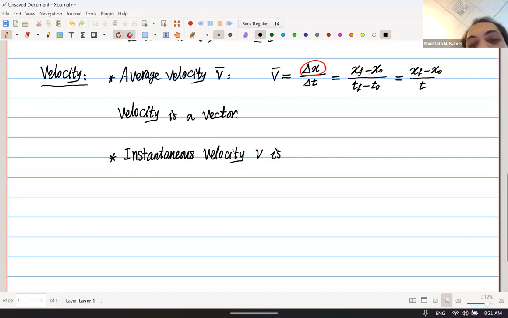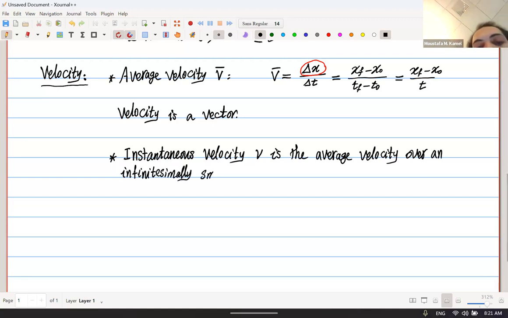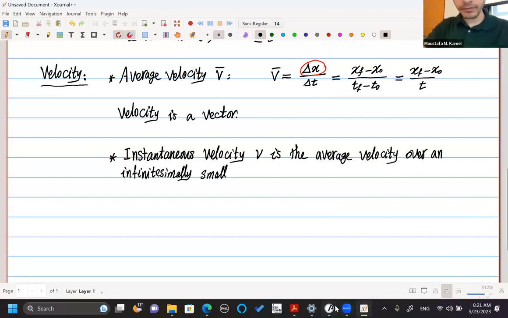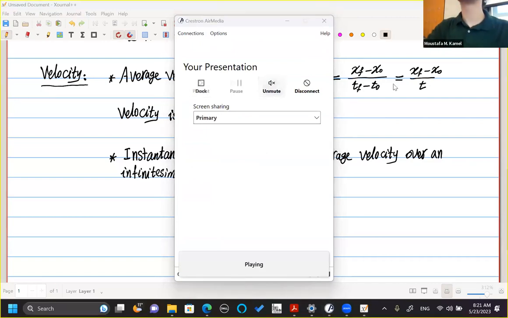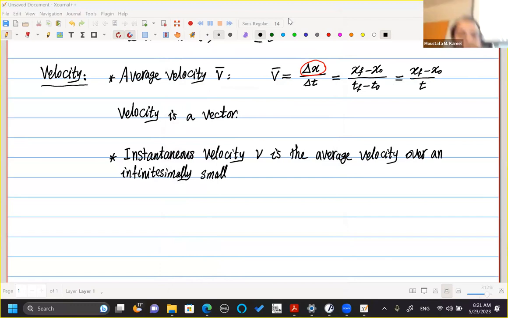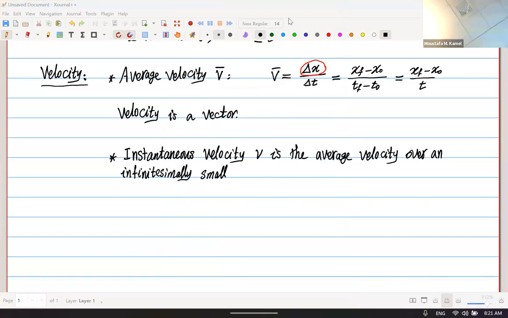And this is the average velocity over an infinitesimally small amount of time.